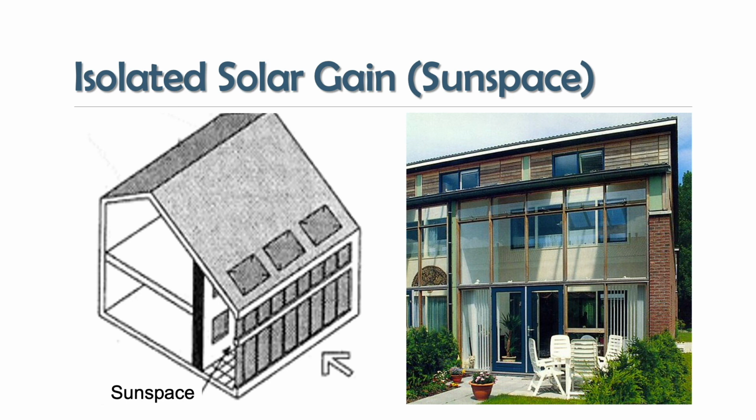The last type that we're going to talk about is the isolated solar gain, which is also called a sun space. And sun spaces are meant to be inhabited, but they often can be used as a greenhouse kind of concept.